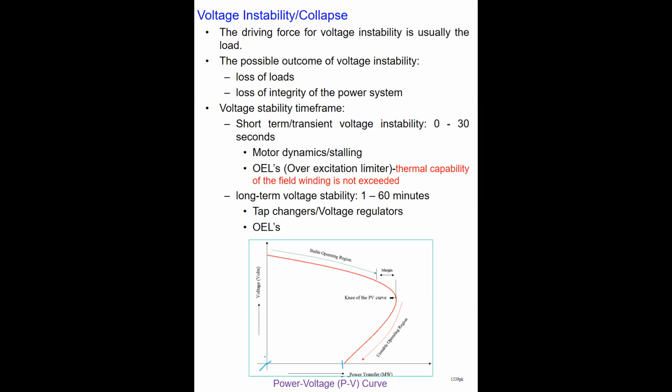But this does not happen actually. You are increasing the load step by step, and then you have a drop in the voltage. But if you reduce the load at this instant of time, then the voltage suddenly goes back. This is what happens here, in fact.